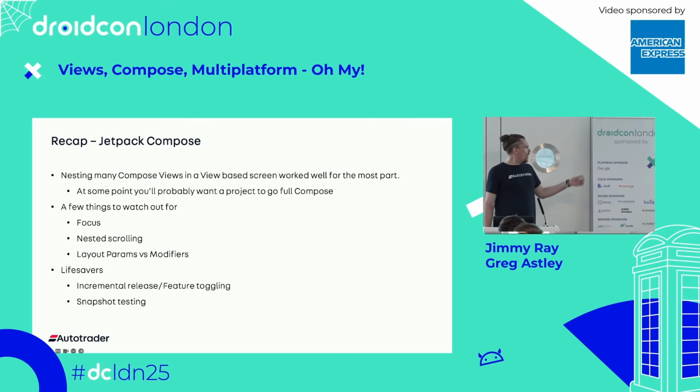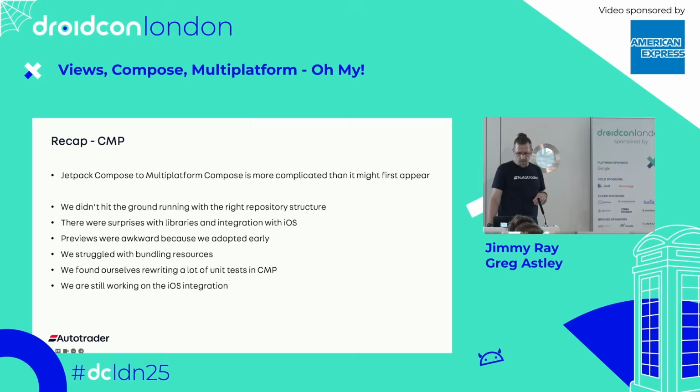And incremental release was a really, really massive lifesaver, and same for the snapshot testing so that we could regress over any changes that we'd had. On the CMP side, it's not a free win. We thought it'd be a free win. There's a lot of stuff that you can just chuck in common main and it works and it's great, but there's also a lot of stuff that you can't. The repository structure, you need to think about that before you do it.